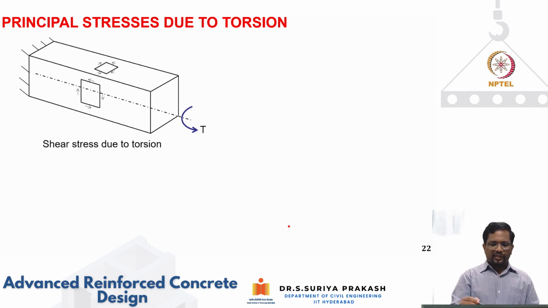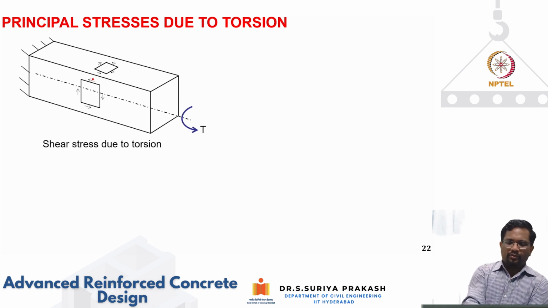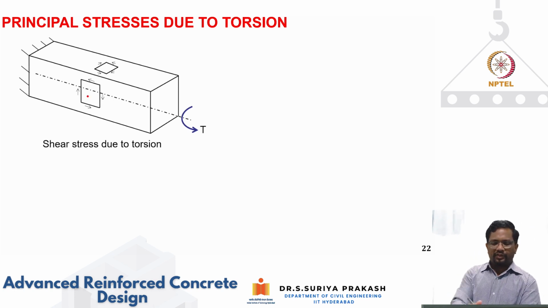Anyway, in this case, let's look at what happens in shear stress due to torsion. Different elements will develop these kinds of stress states. For example, you have a square beam that is subjected to torque like this.